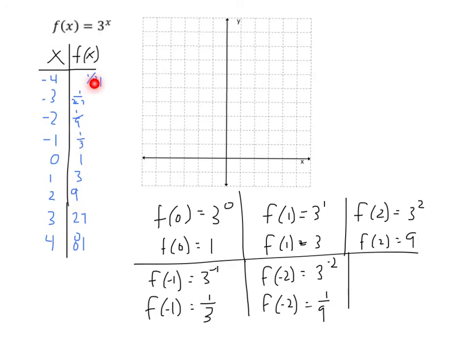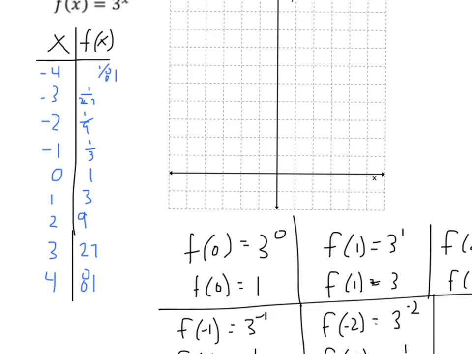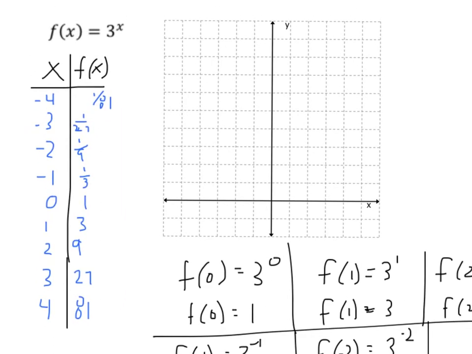In my graph, in order to fit all this, I'm going to use a different scale for my x and y, because I need this to fit. For my x values, I'm just going to count by ones: 1, 2, 3, 4, and on this side, -1, -2, -3, -4, -5.